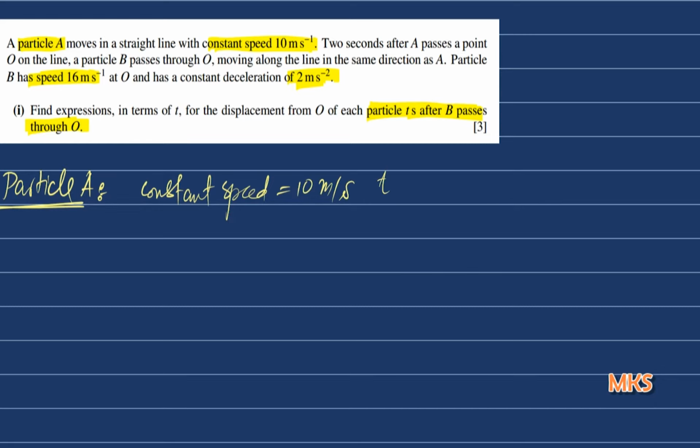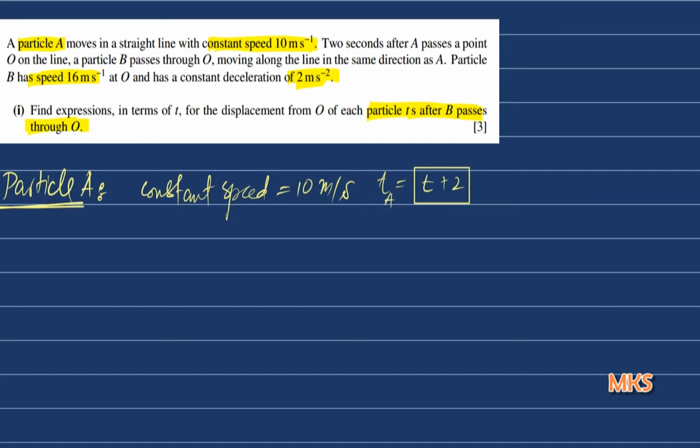And its time will be t plus 2, because t is the time taken by B, so the time taken by A will be 2 seconds more than B.